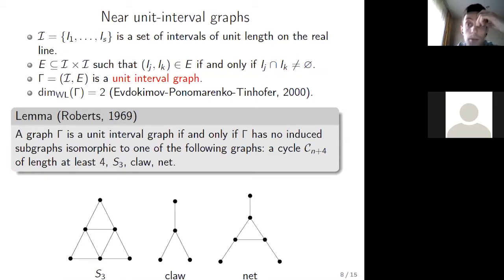And maybe it is interesting to ask here: does Weisfeiler-Leman dimension remain bounded if we delete some graphs from the list of forbidden subgraphs? Or, for example, to find the minimal list of forbidden subgraphs from these graphs such that the corresponding class of graphs has bounded Weisfeiler-Leman dimension.